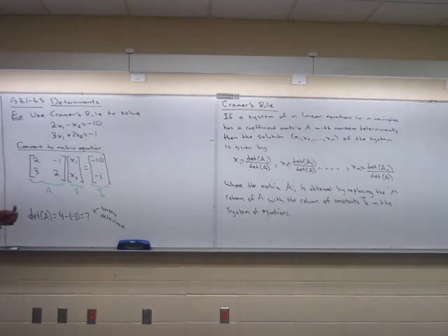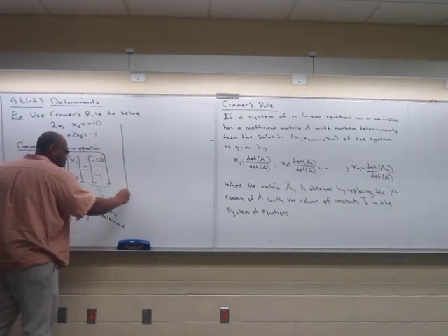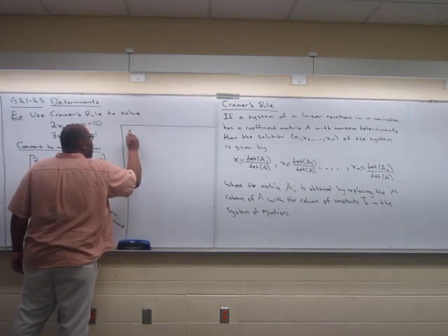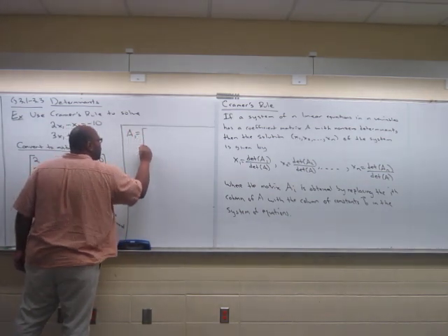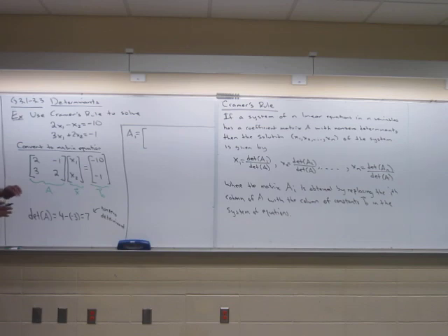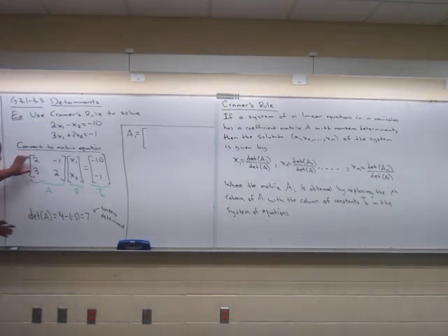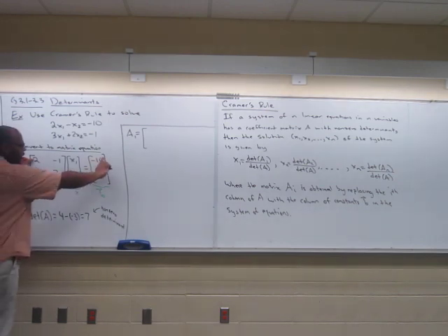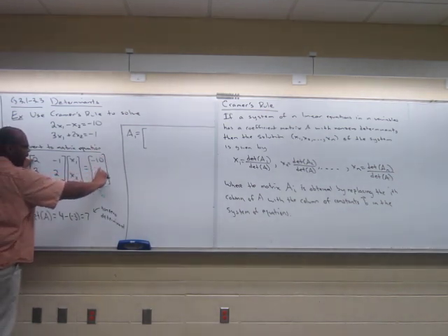Okay. Now that we found the determinant of A, let's find the determinant of A1. A1 would be the matrix built from A, where the first column of A is replaced by this column of B, -10, -1.